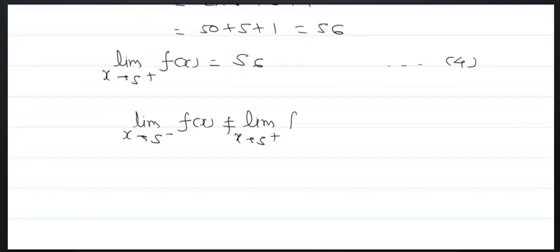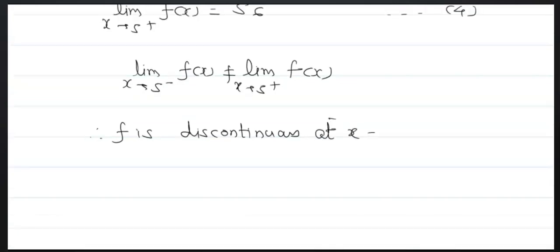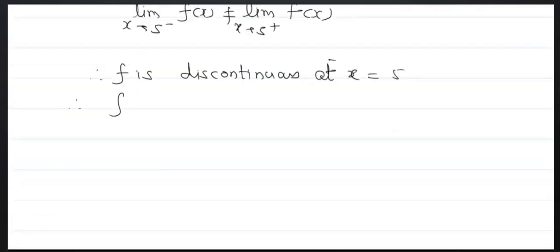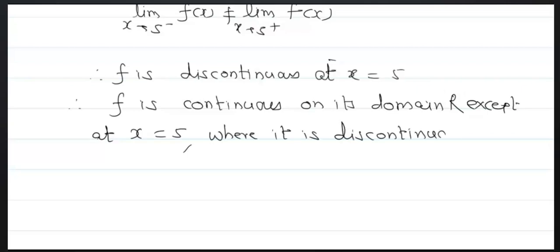Both are not equal, therefore the given function is discontinuous at x equals 5. Overall, the given function is continuous on its domain, capital R, except at x equals 5, where it is discontinuous.